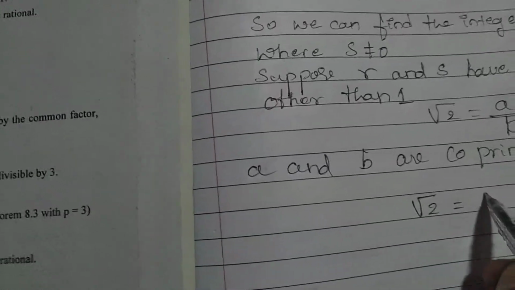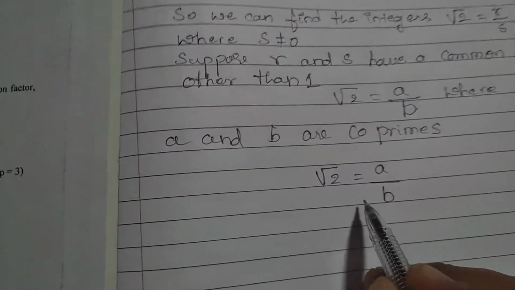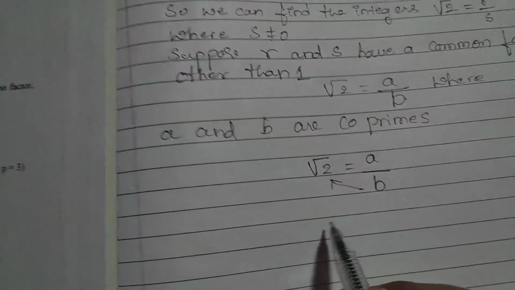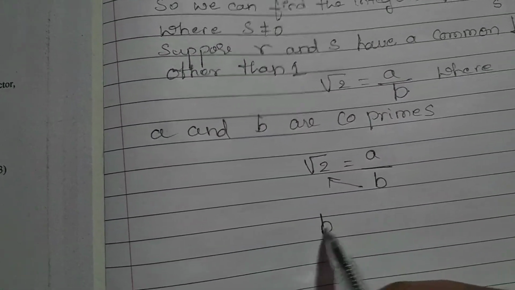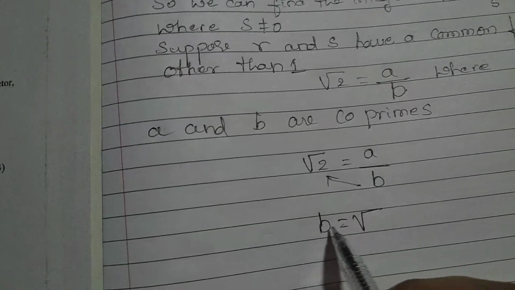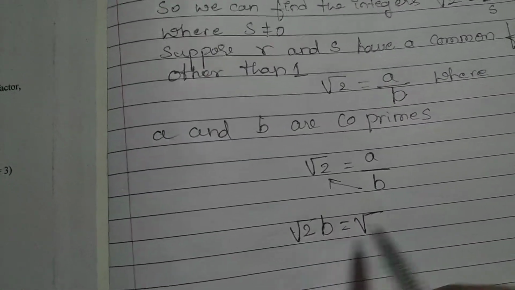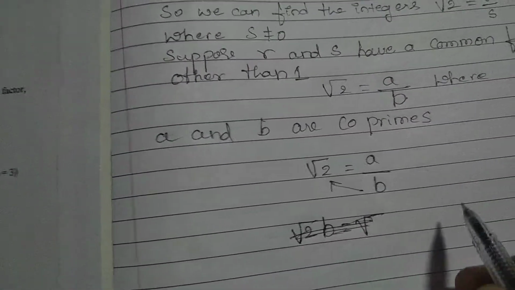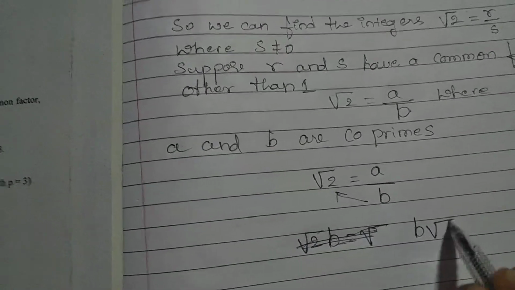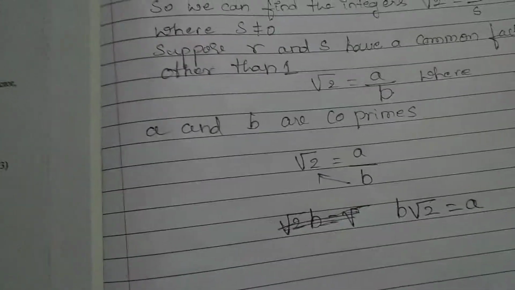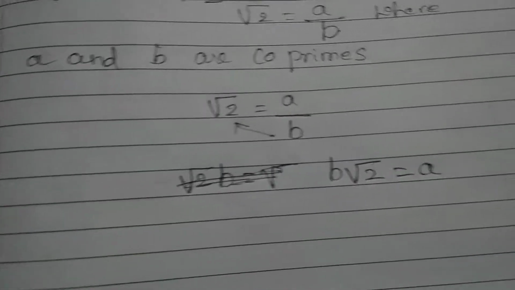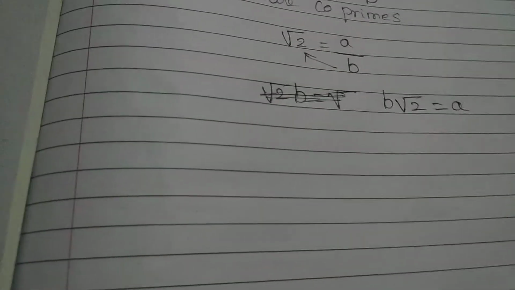So what we do is root 2 is equal to a by b. Now I'll take this b to the left hand side. b root 2 is equal to a.